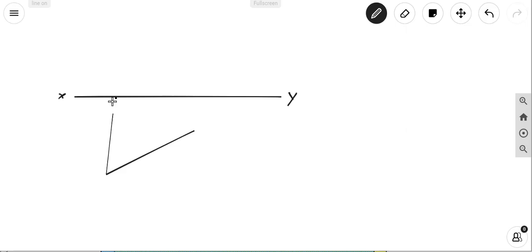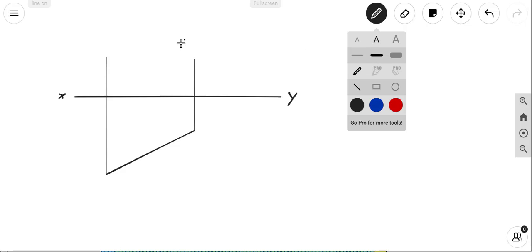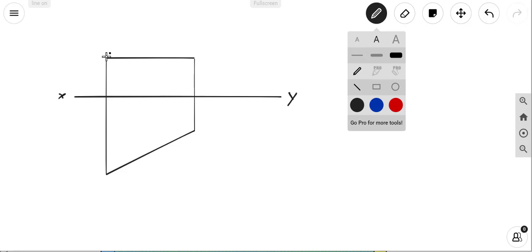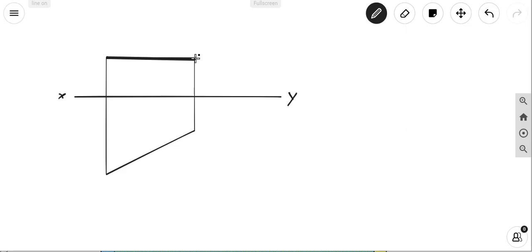We just take them upwards. Again I'll take this upwards, then I'll draw the front view. For the sake of understanding I will make it a little bit thicker. This is our line.